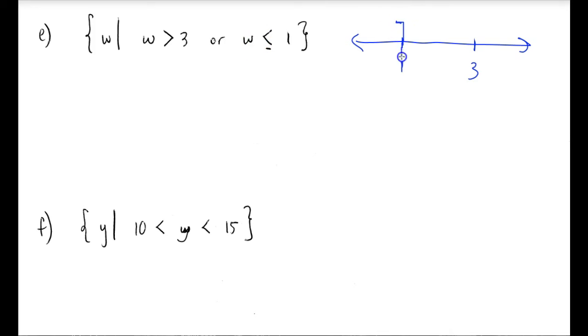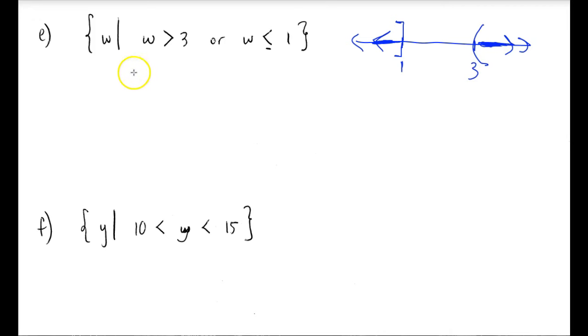So we would have bracket here and going in this direction because it's 1 or less. And for W is greater than 3, since it's just greater than, we will have parentheses. So we have parentheses here, and then we will be going in this direction.